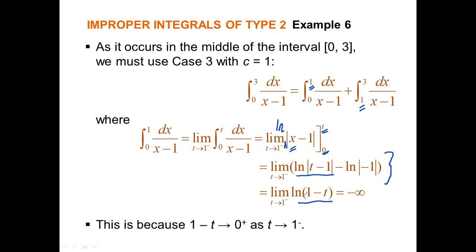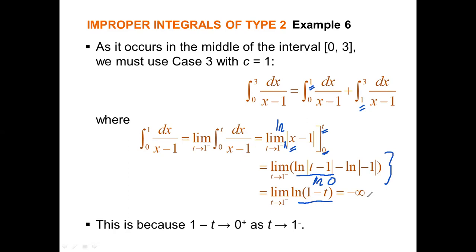If you substitute into the ln of 1 minus t, here you substitute 1 to the t, you will have an ln. Substituting the 1, there is a negative t, meaning it approaches from the left. So this would be the ln of 1 minus 1, which is 0. The ln of 0, as pointed out a while ago, is negative infinity.